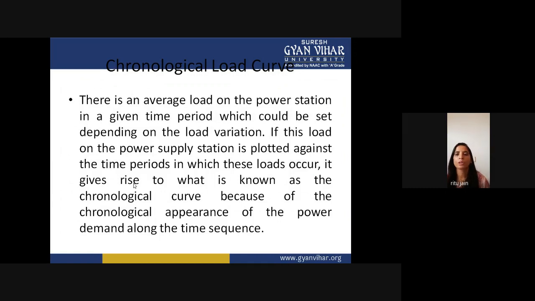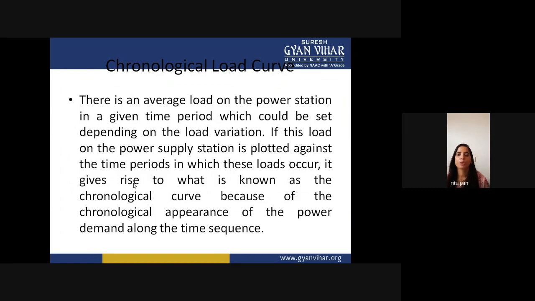If this average load on the power supply station is plotted against the time in which these loads occur, it gives rise to what is known as the chronological load curve. So average load versus time is defined as the chronological load curve.